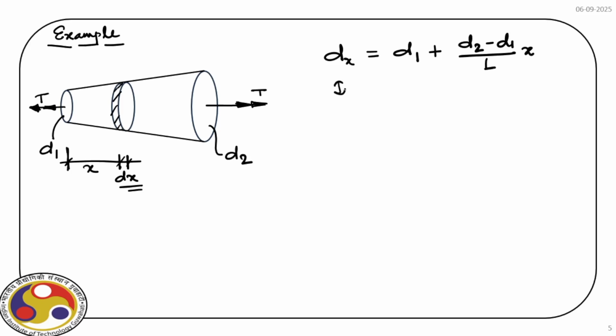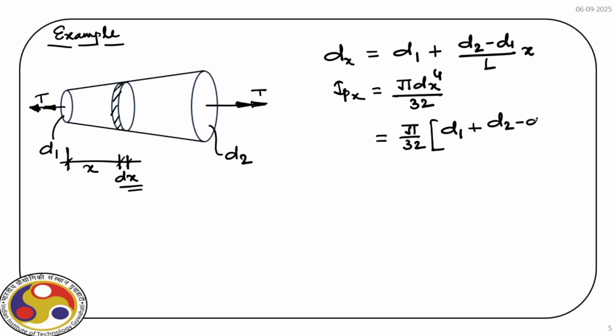And IP of x is equal to pi dx to the power 4 divided by 32. Now in place of dx, we can write down the expression. So this is pi by 32, and then we have (d1 plus (d2 minus d1) divided by L times x) whole to the power 4.